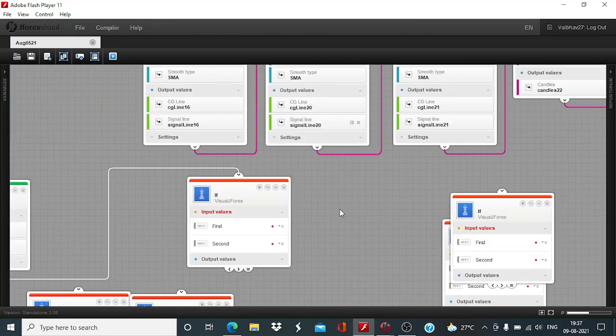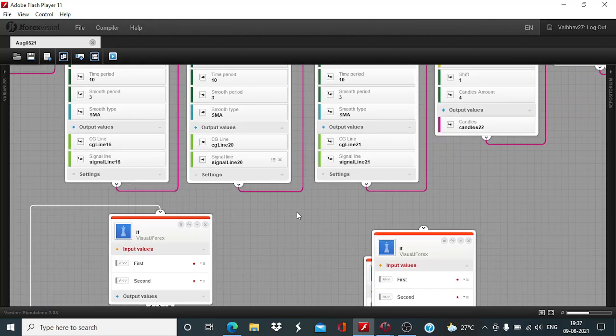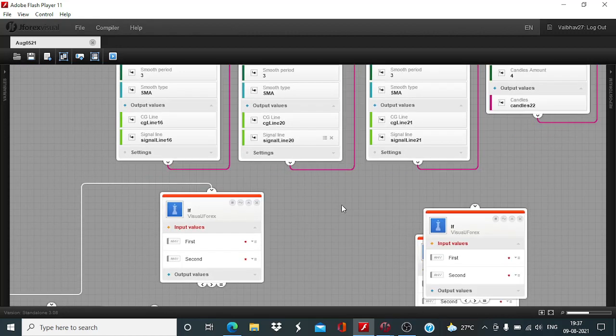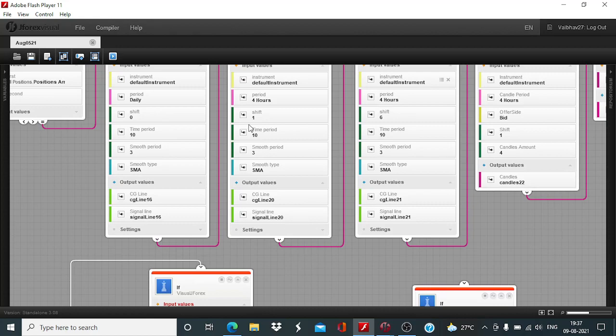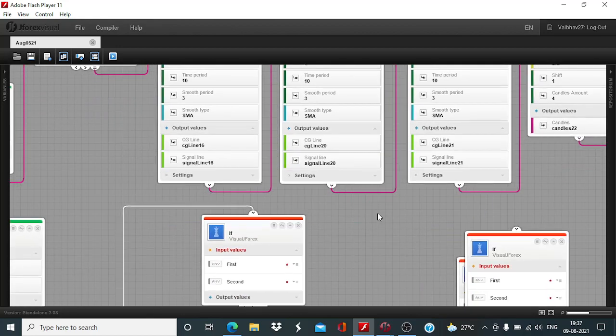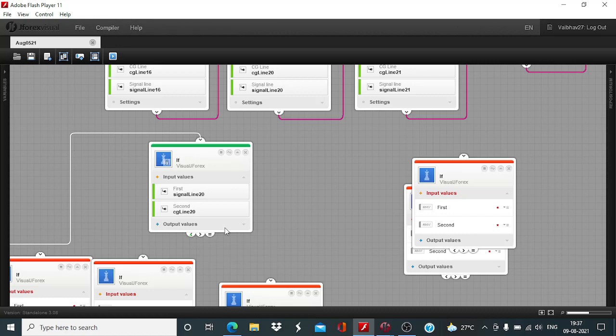And after this, we compare the momentum on the lower time frame of 4 hours. In last 4 hours, the momentum should have turned bearish, so we need the last 4 hours signal line to be less than the last 4 hours center of gravity line. Again, first input less than second input.